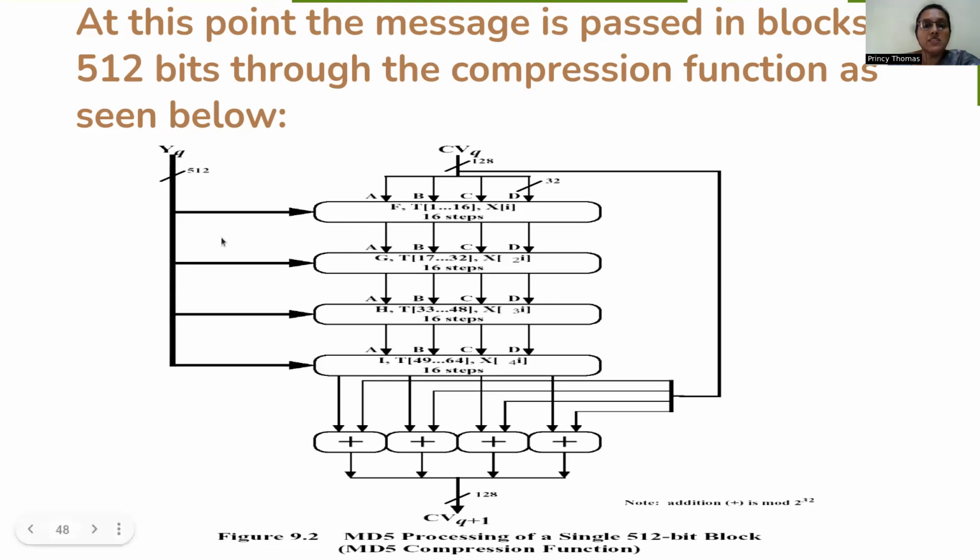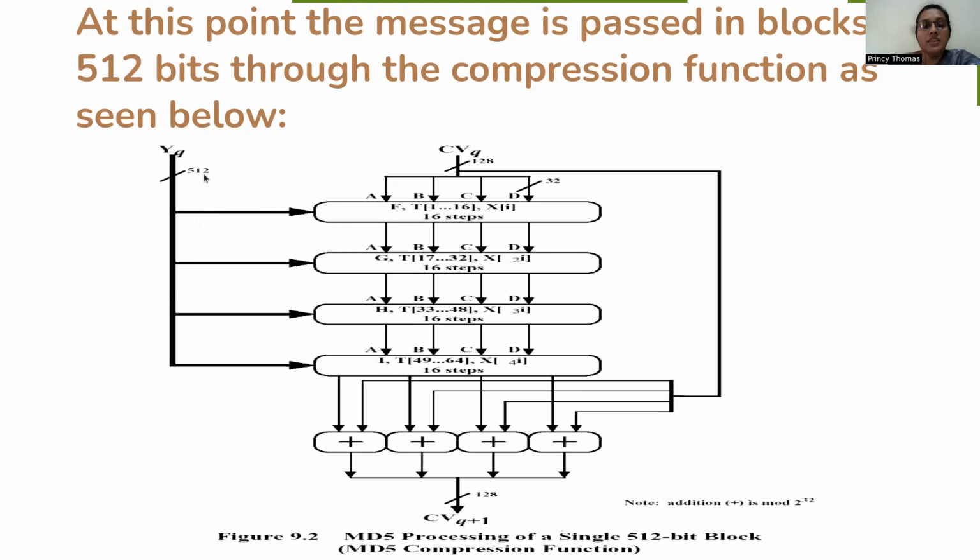We saw that initially A, B, C, D have got the chaining. A, B, C, D are the chaining variables. F, G, H, and I are the functions. T is the constant derived from these 512 bits.